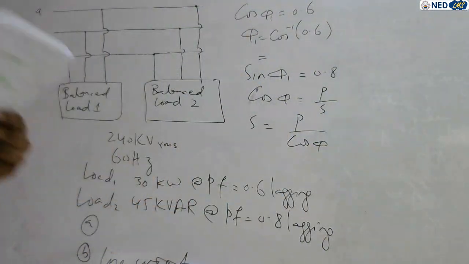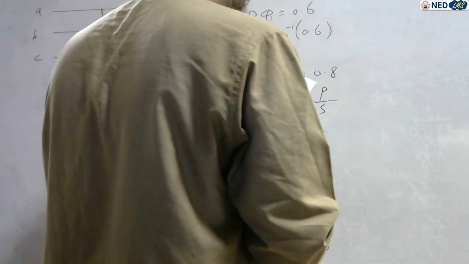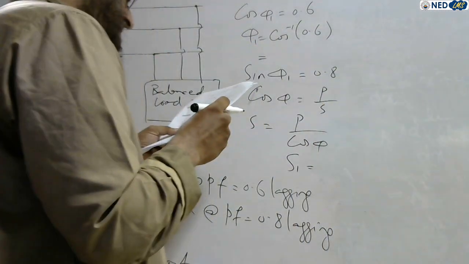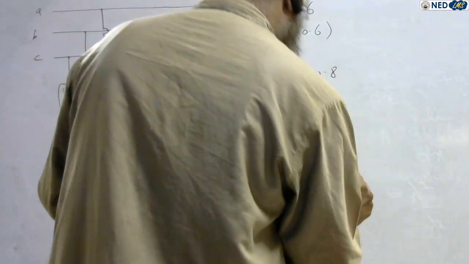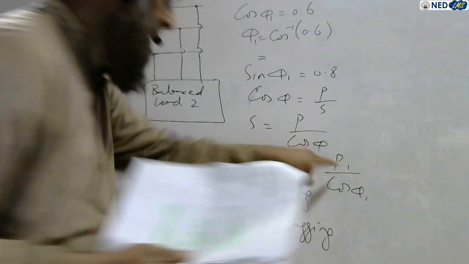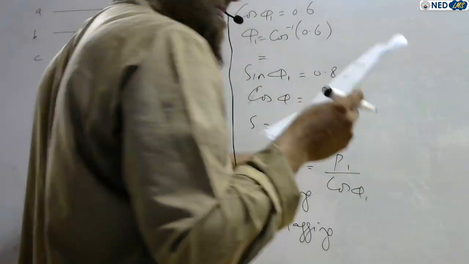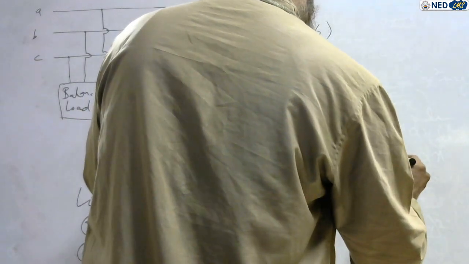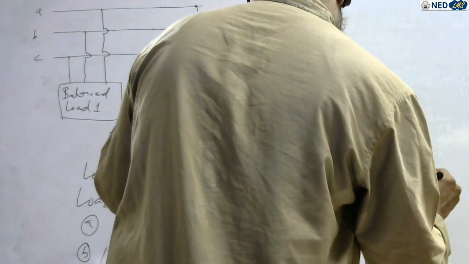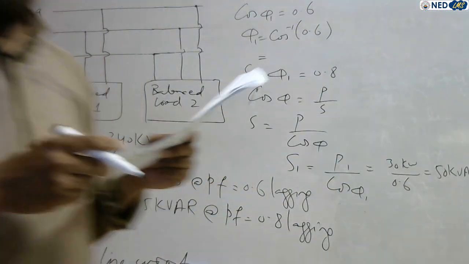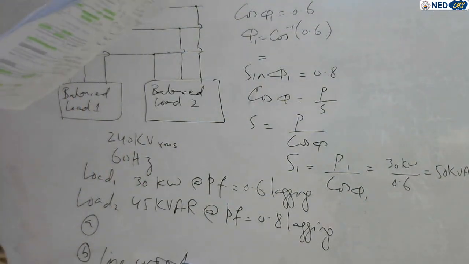Thus you get the power absorbed by the first load. P1 is the active power of load 1, and cos phi 1 is the power factor of load 1. S1 is the apparent or complex power. When you put the values, 30 kilowatt and 0.6, you will get 50 kVA. The value is 50 kVA.